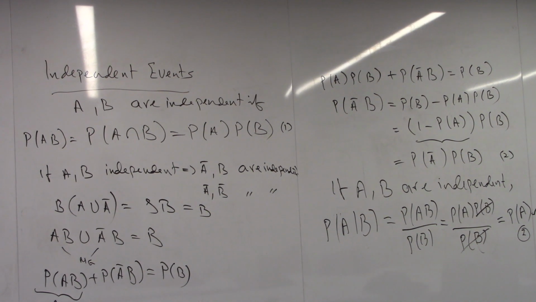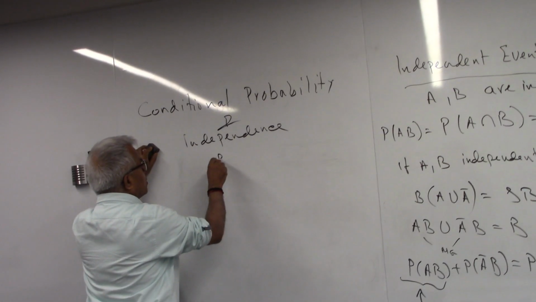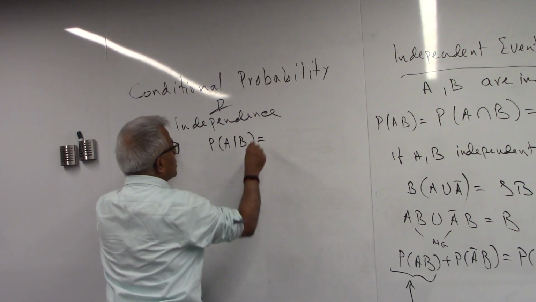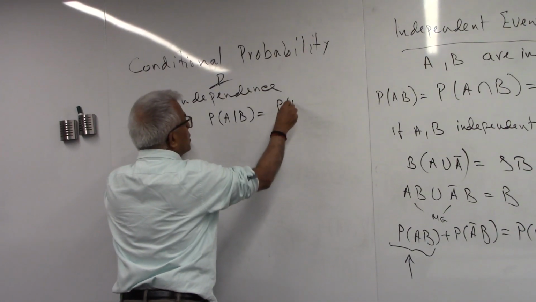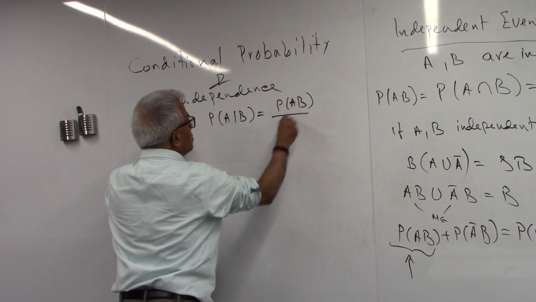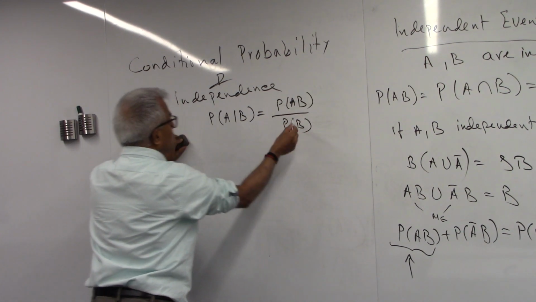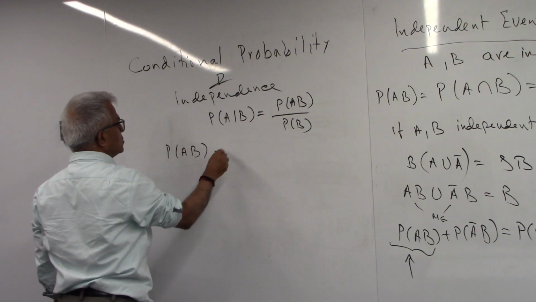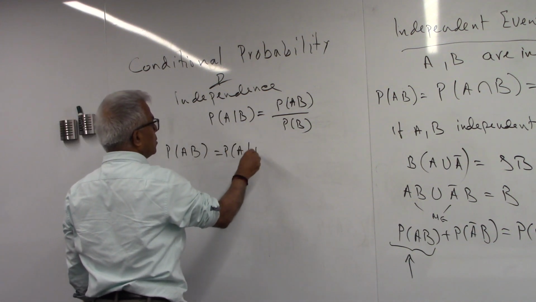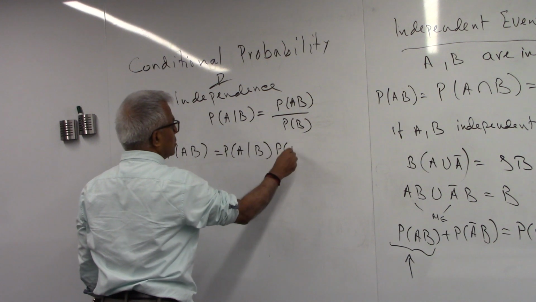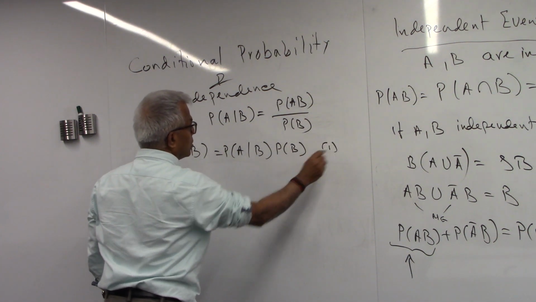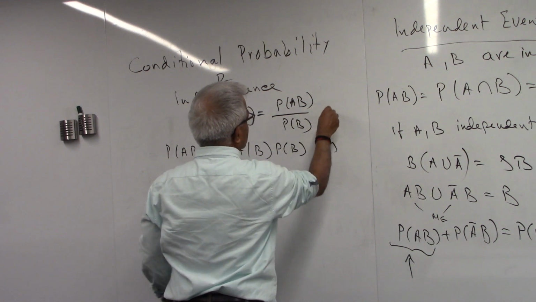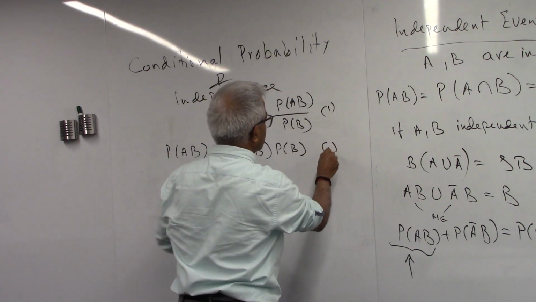So first of all, rewriting the conditional probability. Remember, the conditional probability of A given B is P(A∩B) by P(B). So from here you get P(A∩B) is P(A given B) multiplied by P(B). Let's say this is 1 and this is 2.